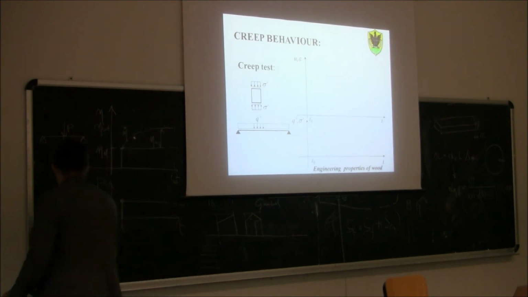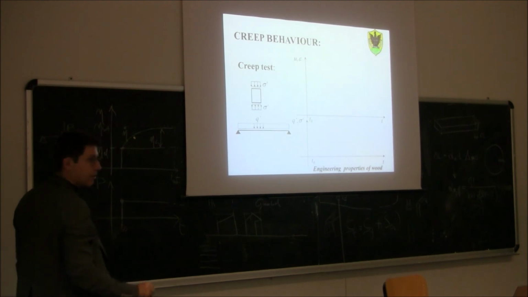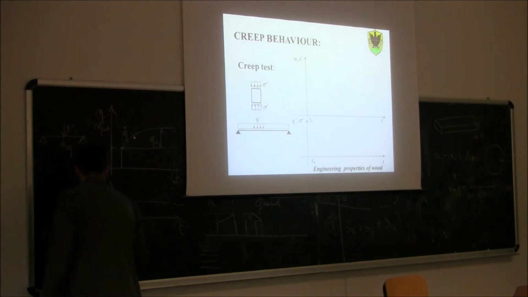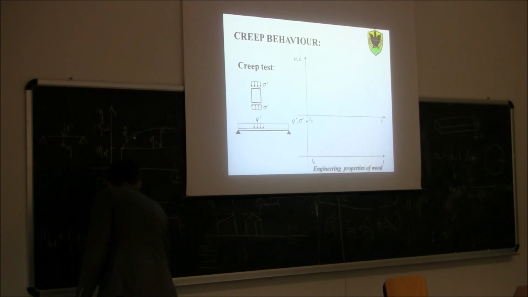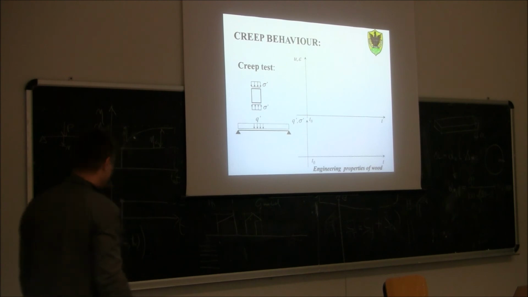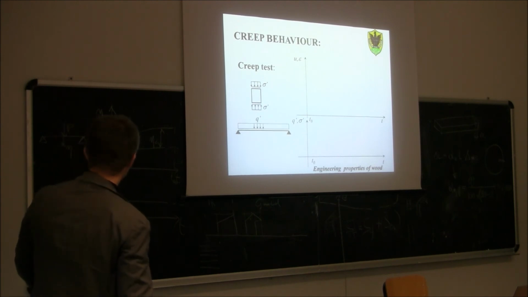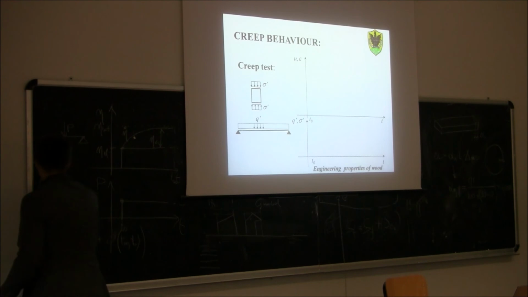So the total deflection, how is it calculated? Eta elastic times 1 plus phi of T infinite, T0. Basically, we said that the total deflection is the sum of the elastic deflection plus the viscous deflection.